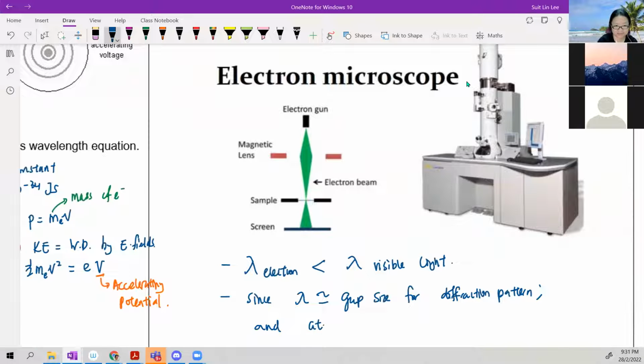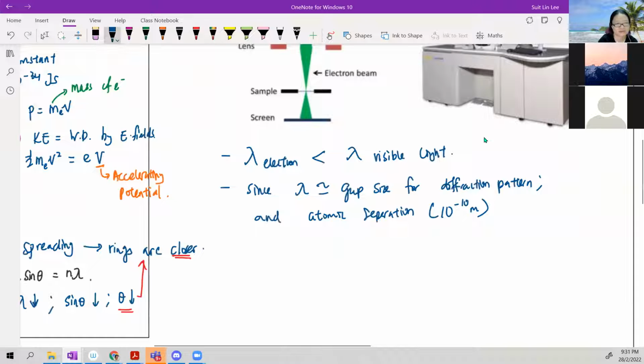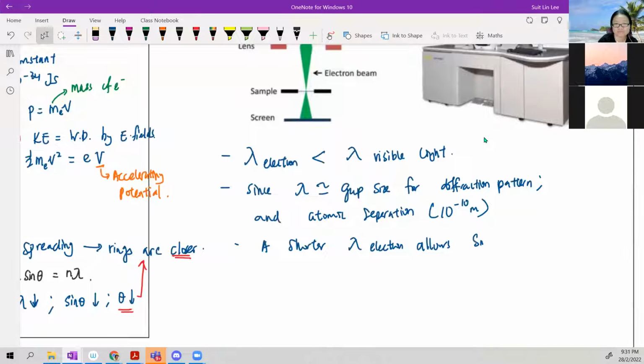and the atomic separation is around 10 to the negative 10 meter, a shorter lambda electron allows greater resolution, which means I can zoom in more, allows smaller structures to be seen.